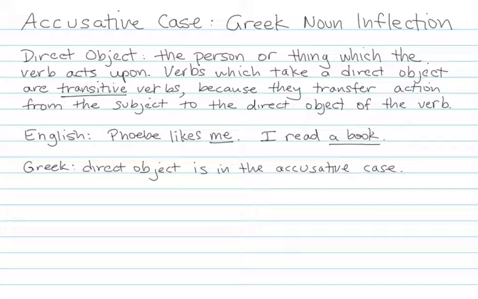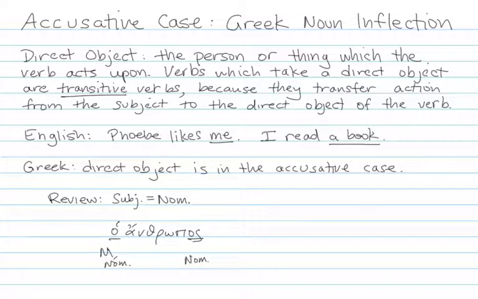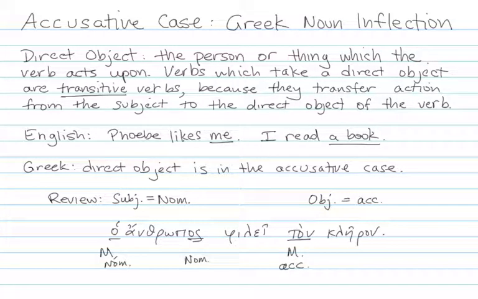In Greek, the direct object can appear anywhere in the sentence, but it must be in the accusative case. So we have subjects in the nominative, like ho anthropos, and then a verb, and then the direct object of the verb is in the accusative. The endings here are ton for the definite article and on for the ending of the noun.